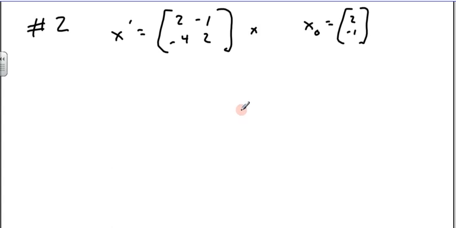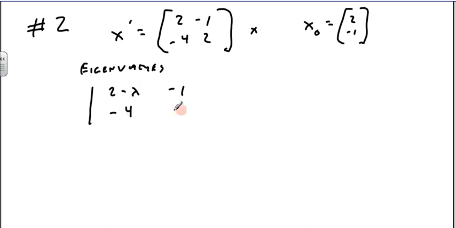And so now we see that what we need to do is come up with the eigenvalues. So the determinant of [2 minus lambda, minus 1; minus 4, 2 minus lambda], and I've got (2 minus lambda) squared minus 4 is 0.